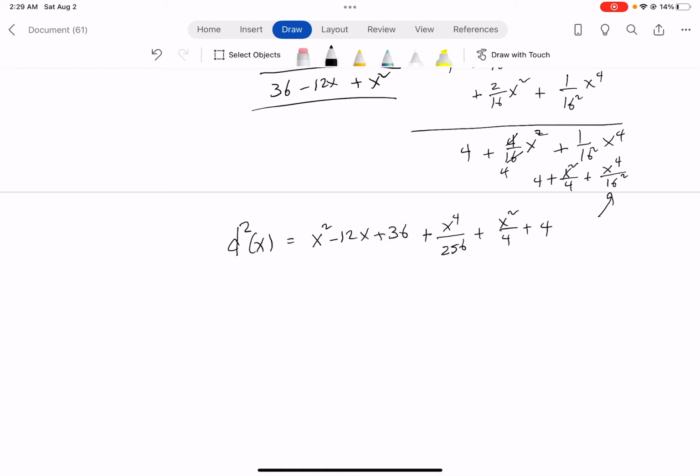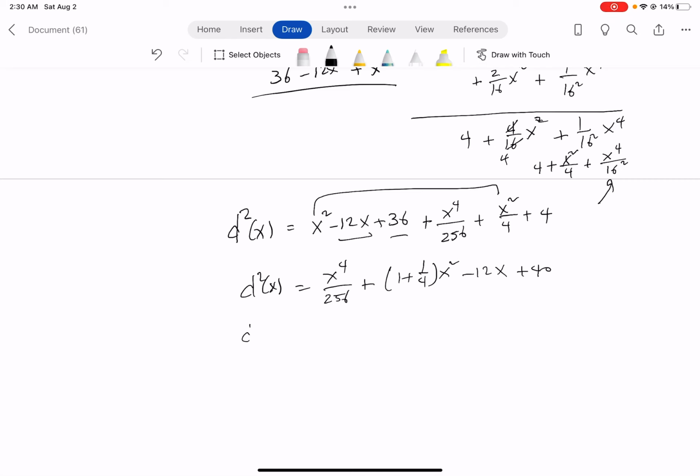So let's do it as x to the 4 over 256. For x squared, this is 1 and this is 1/4, so 1 plus 1/4 x squared, and minus 12x, and then 36 plus 4, that's 40. And that is d squared of x. Now we should differentiate.